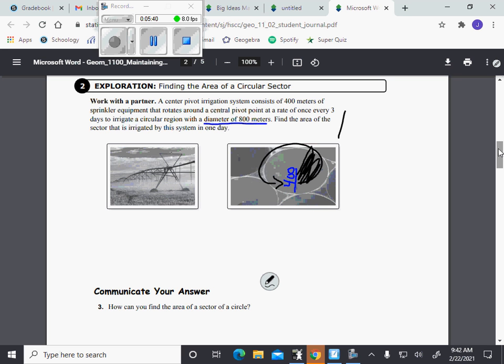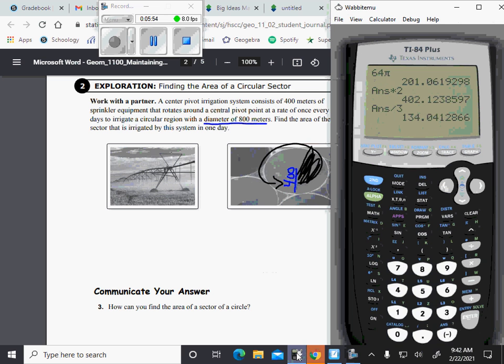The area of that 1/3 part is equal to pi times the radius squared. So I'm going to take 400 squared and multiply that by pi.